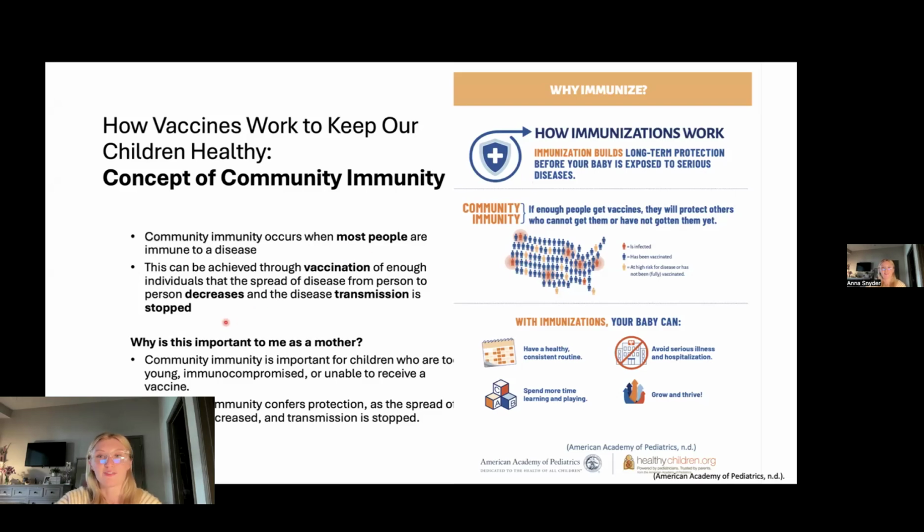And so, after that long explanation, you might be thinking, why is this important to me as a mother? Well, community immunity is important for children who are too young to receive a vaccination.